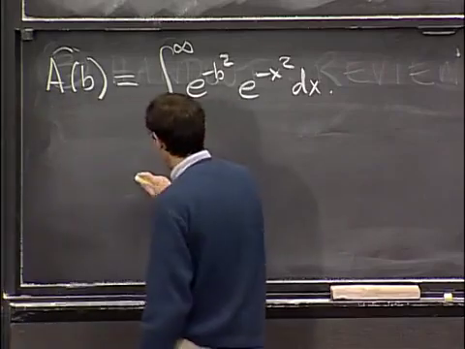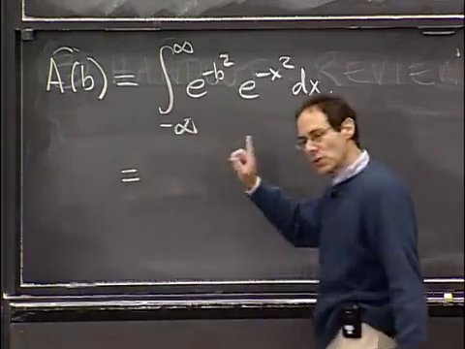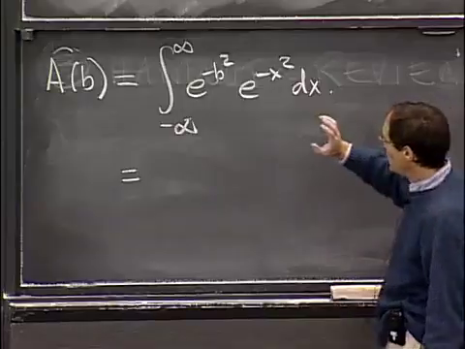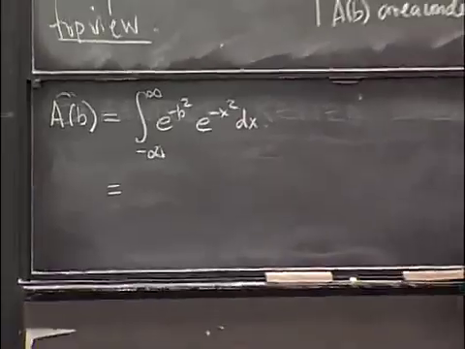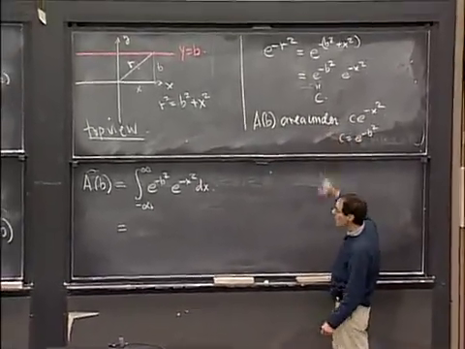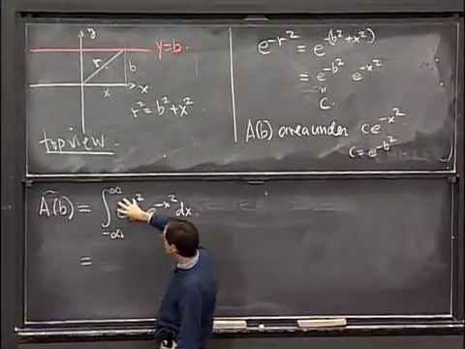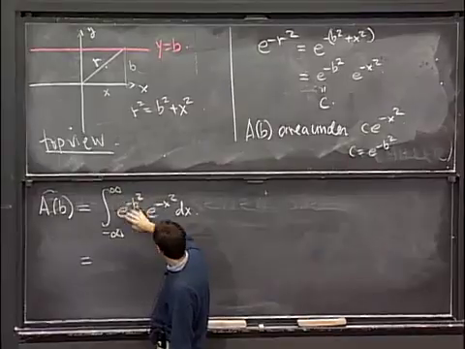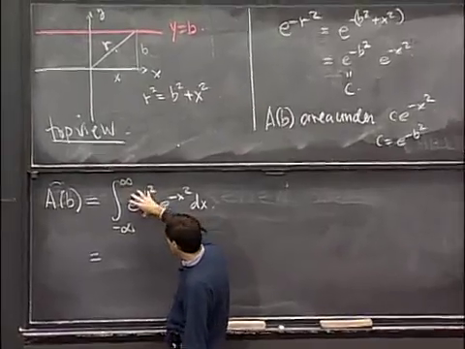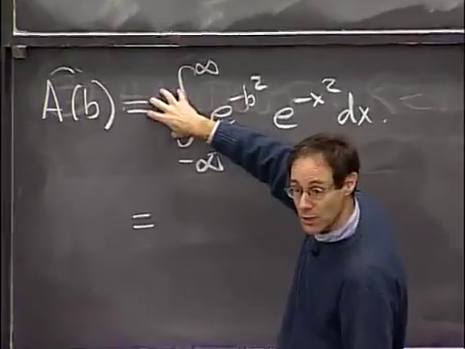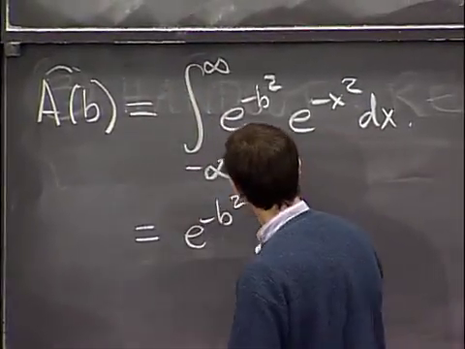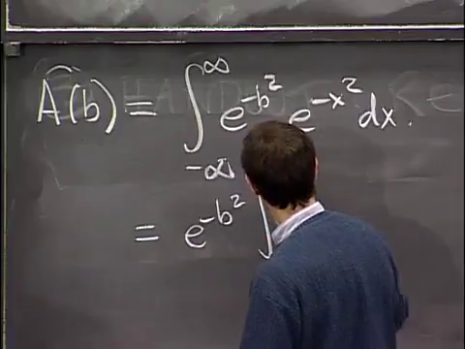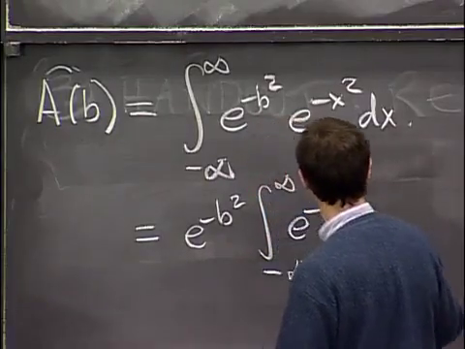And now, we have a lot of steps here, but each of them is very elementary. The first one was just the law of exponents, that we could split the exponential into a product. Now I'm going to make that splitting even further. This is a constant. It's not varying with x. So I'm going to factor it out of the integral. This is e to the minus b squared times the integral from minus infinity to infinity of e to the minus x squared dx.